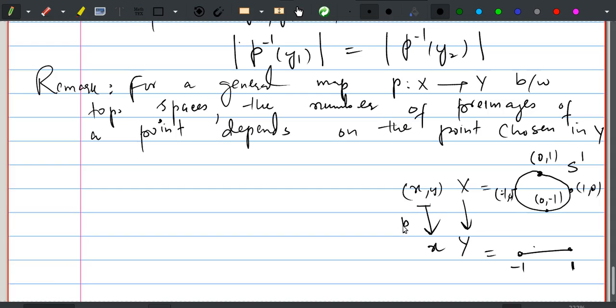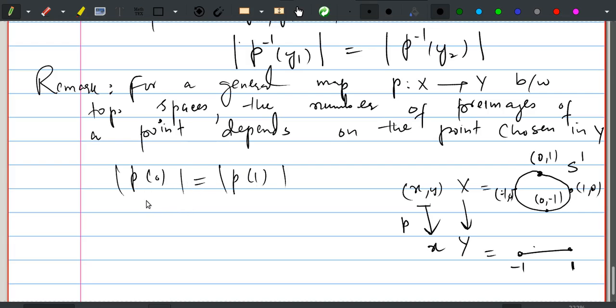Had this map been a covering map, then the sizes of the inverse images of 0 and 1 would have been equal.